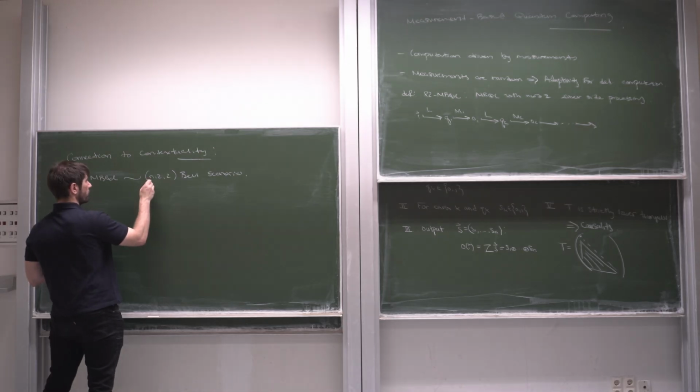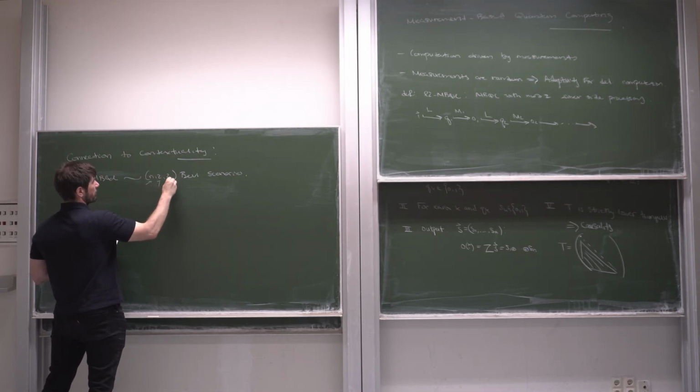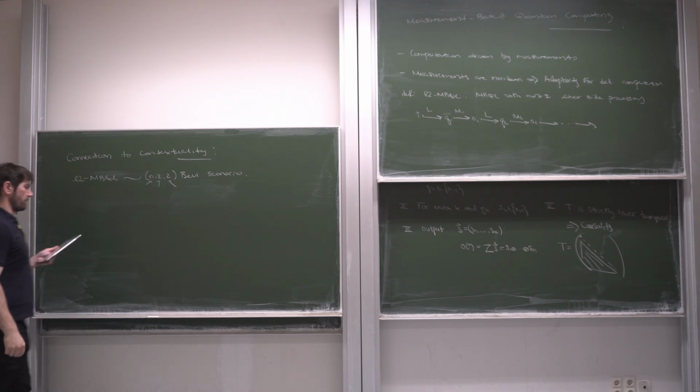So this is the number of parties, number of measurements per party, number of outcomes per measurement.